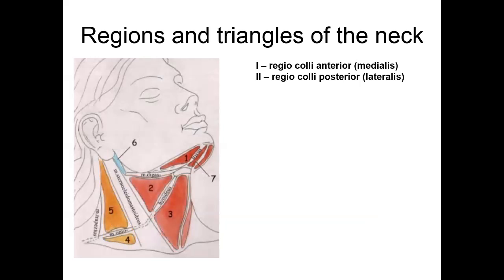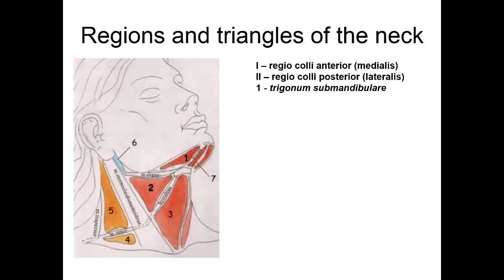And inside of these large regions, we can also find some triangles. They're numbered in this picture. Let's begin from the first. So number one is trigonum submandibulare. Here it is.